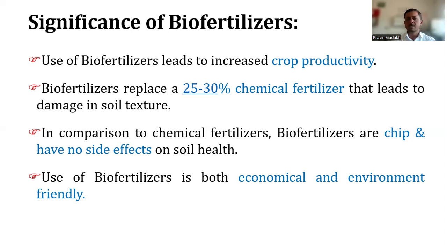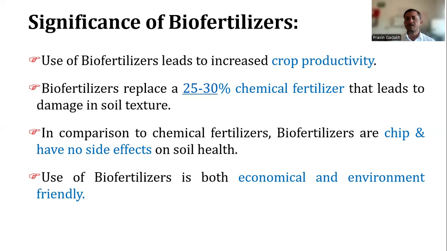Apart from that, they are helpful in the solubilization of phosphorus and essential nutrients required for food. So the use of biofertilizer leads to increased crop productivity, as we have already discussed.